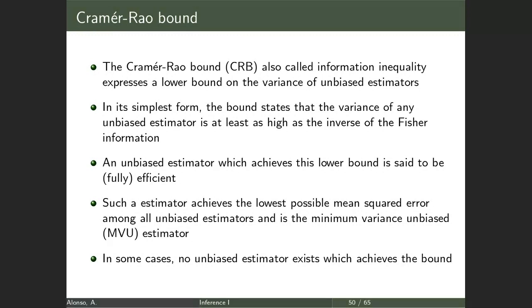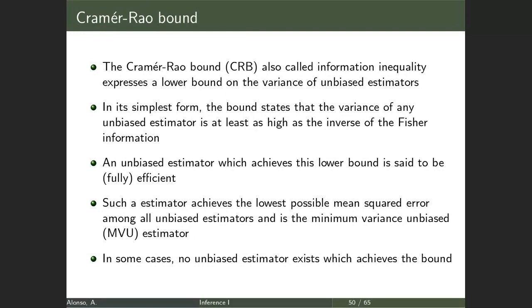Well, the Cramer-Rao bound gives you a lower bound for the variability of unbiased estimators. And when you have an unbiased estimator that achieves that lower bound, then it is unbeatable in the class of unbiased estimators. You cannot find a better one, because it minimizes the mean square error. Now, such an estimator achieves the lowest possible mean square error.